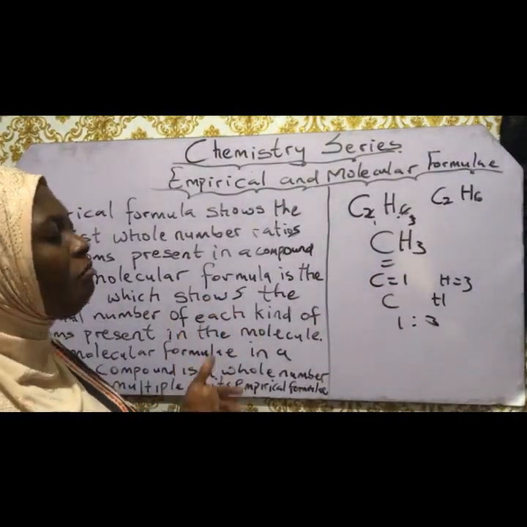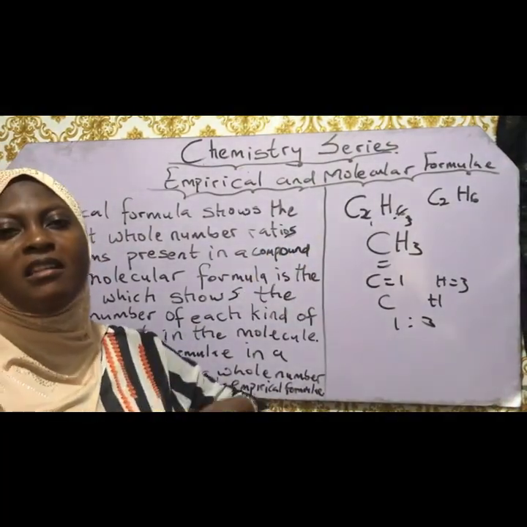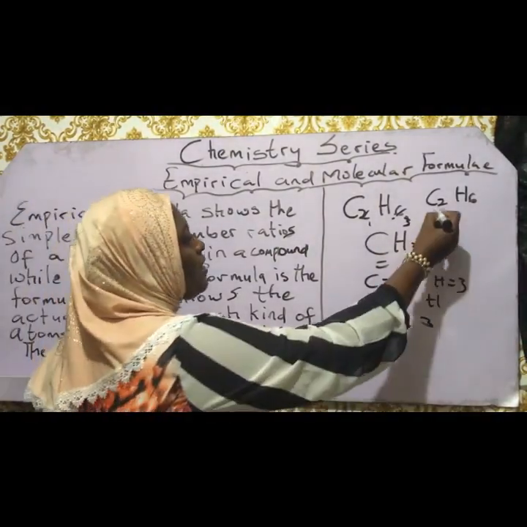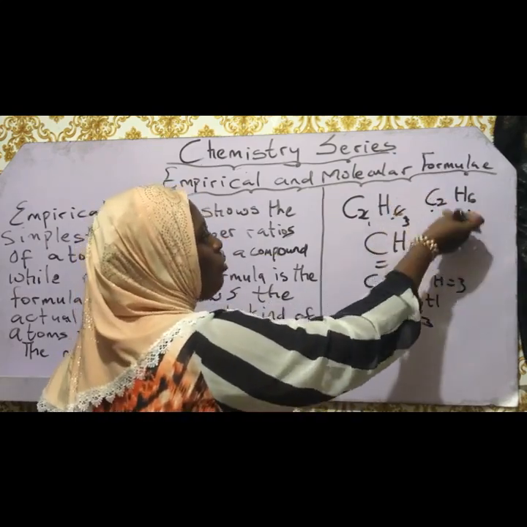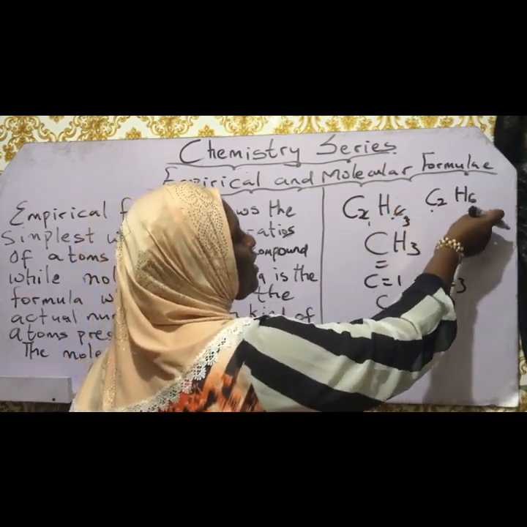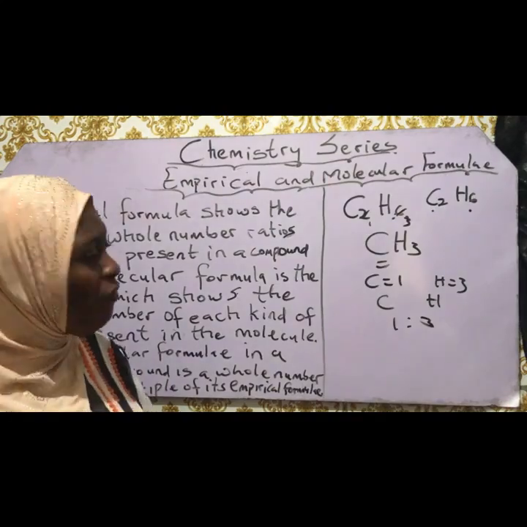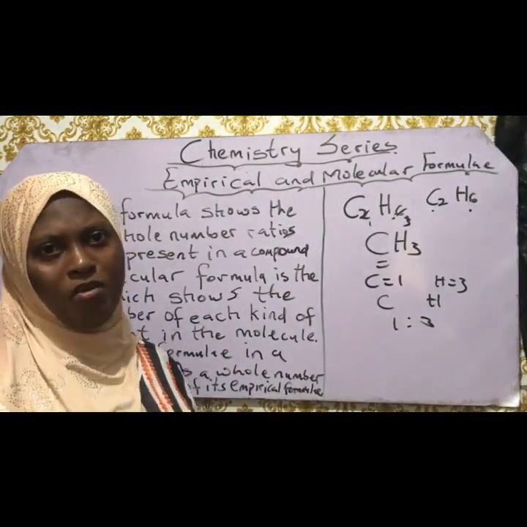But CH3 is not telling us the exact number of atoms present in ethane. C2H6 is telling us that we have 2 atoms of carbon and 6 atoms of hydrogen. So it can be said that the empirical formula is a simpler form of the molecular formula.